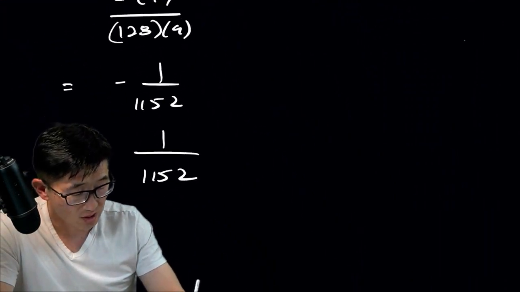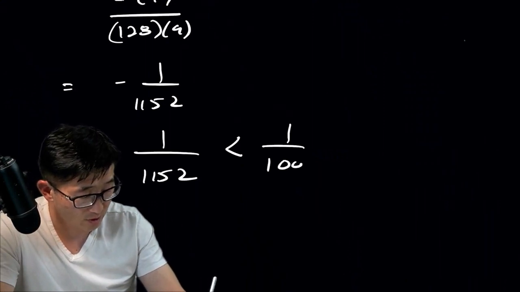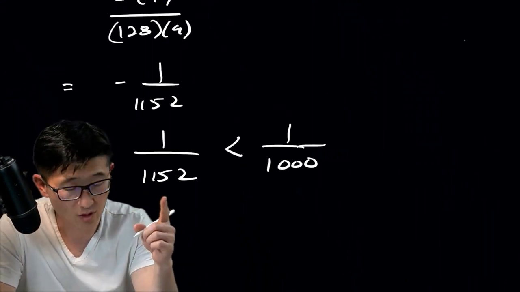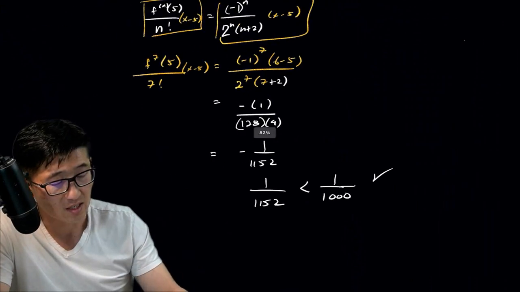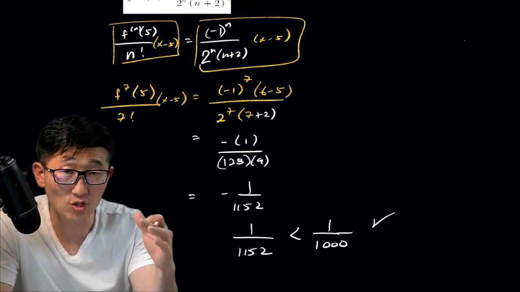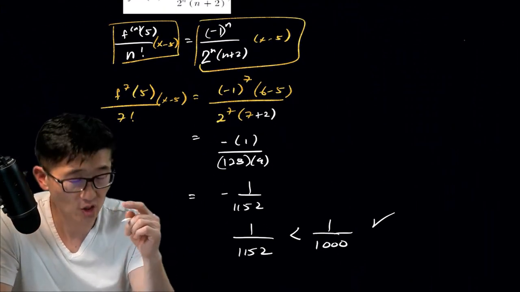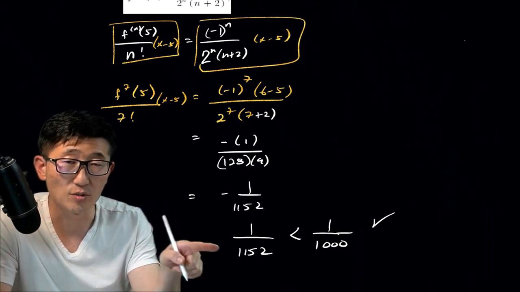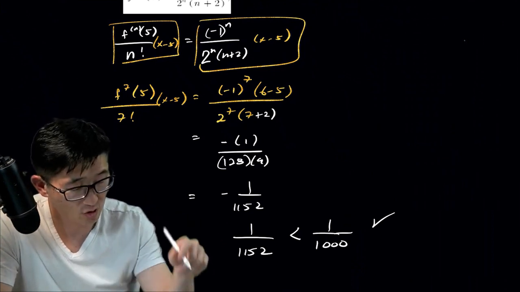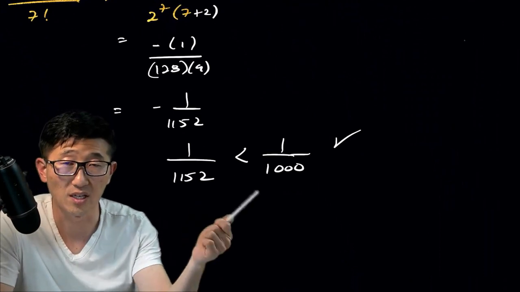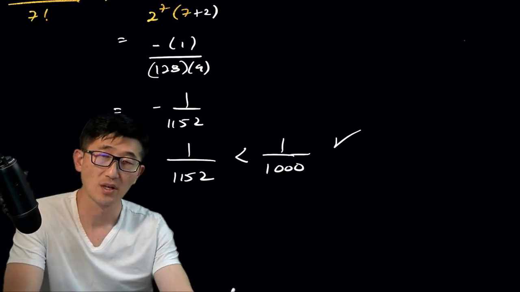And this, notice, is going to be less than 1/1000 because the denominator here is bigger. So we verified that the error for the first 6 terms is less than 1 over 1152, which obviously will be less than 1/1000. Okay, hope that helps.